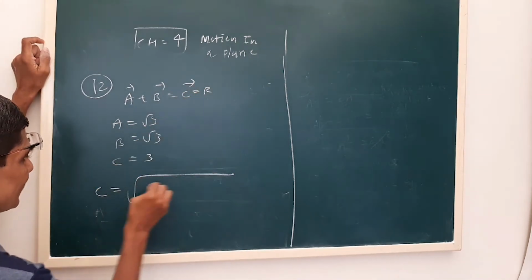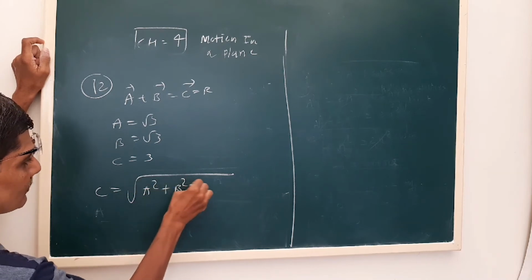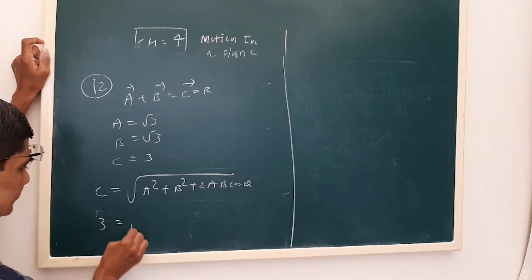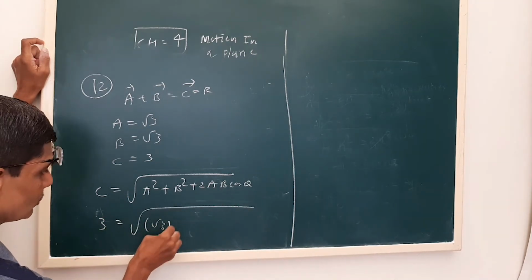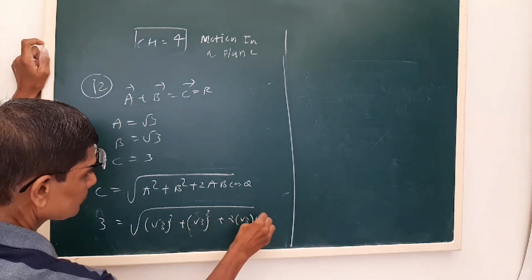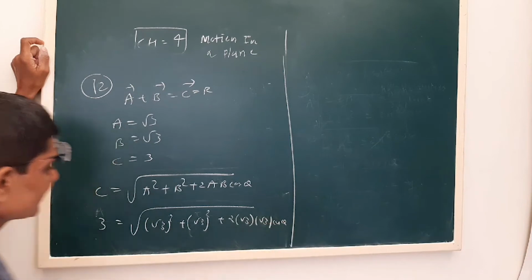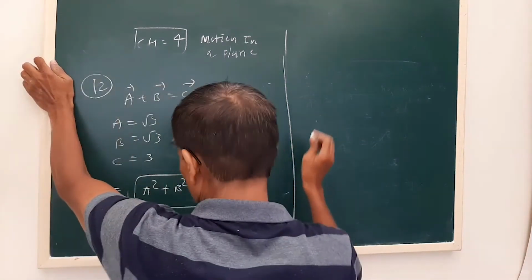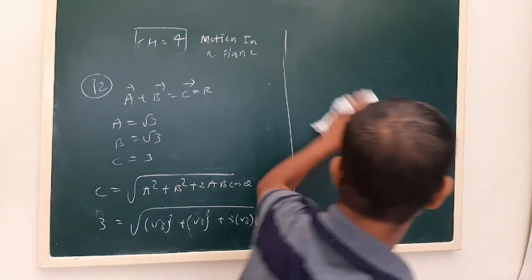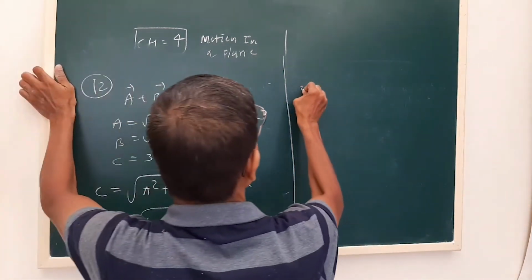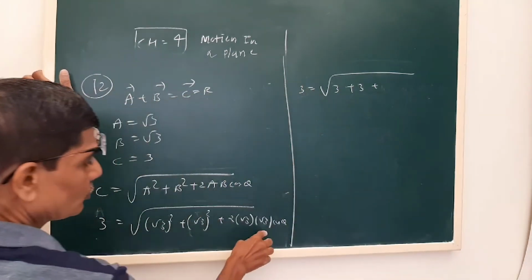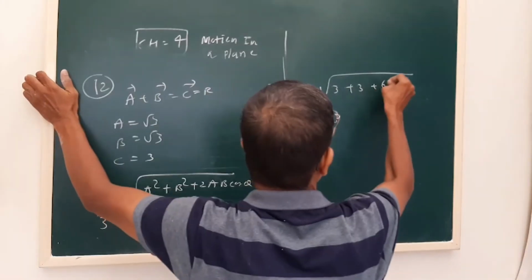So C is equal to, we can say, root of A square plus B square plus 2AB cos theta. Here C is 3, root 3 square plus... okay, now see here, root 3 into root 3 will be 3, 2 3s are 6 cos theta.